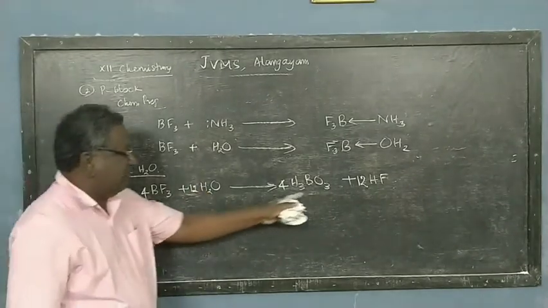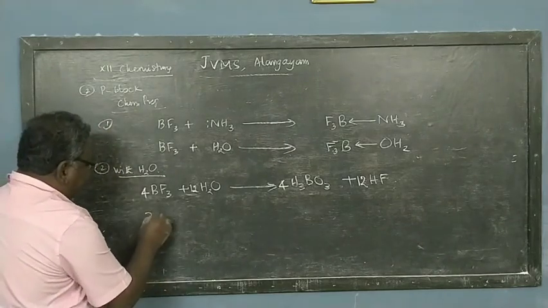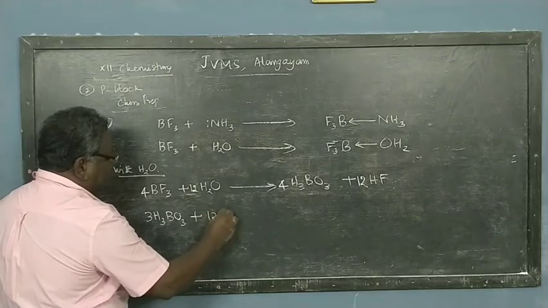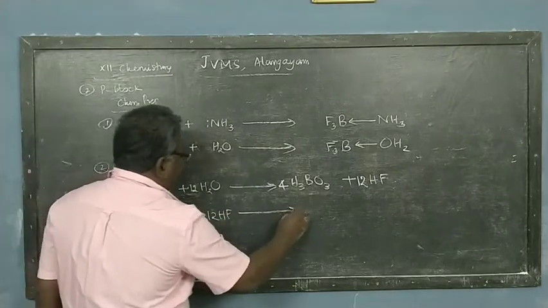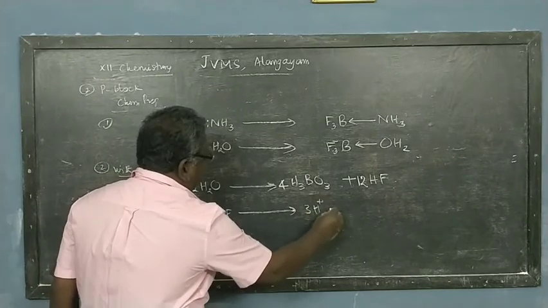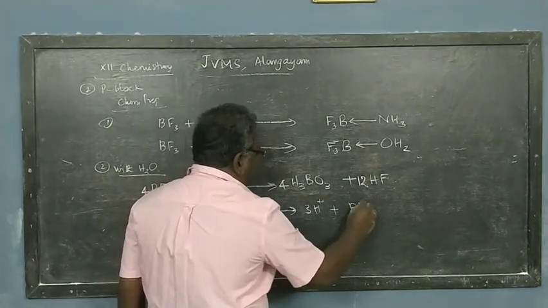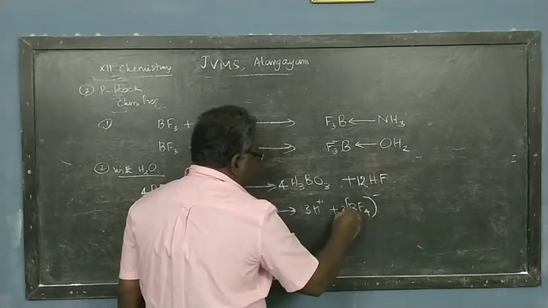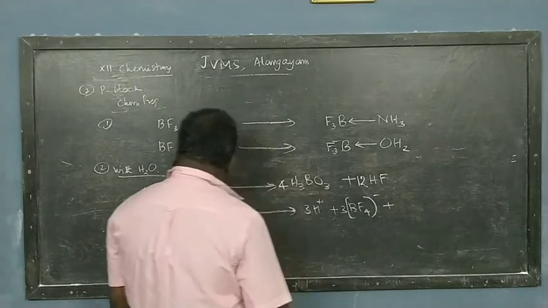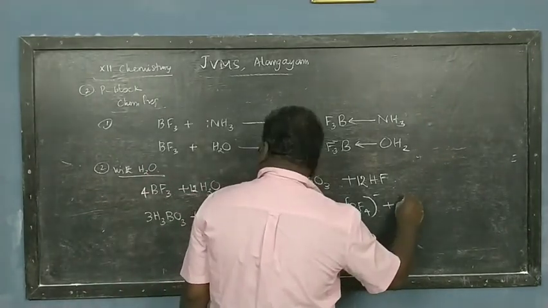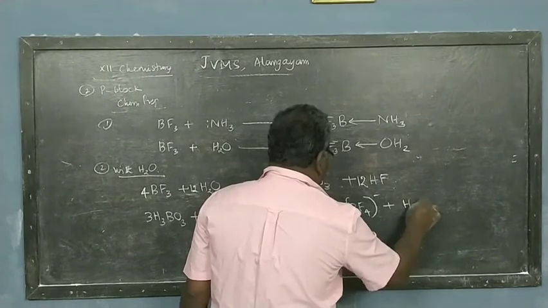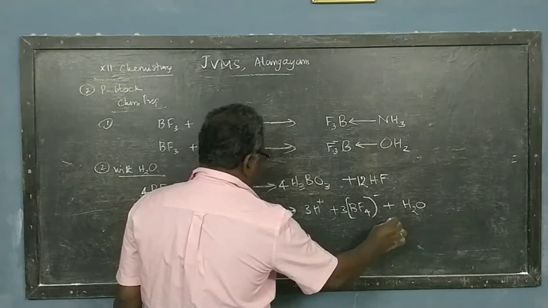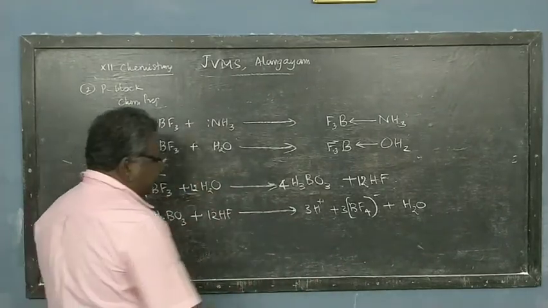So after this, of the 4 boric acids, only 3 boric acids are taken, and it reacts with that 12 hydrofluoric acid, and it forms 3 H plus ions with 3 BF4 minus ions. Along with that, it forms water molecules, right? 9 water molecules will be produced.